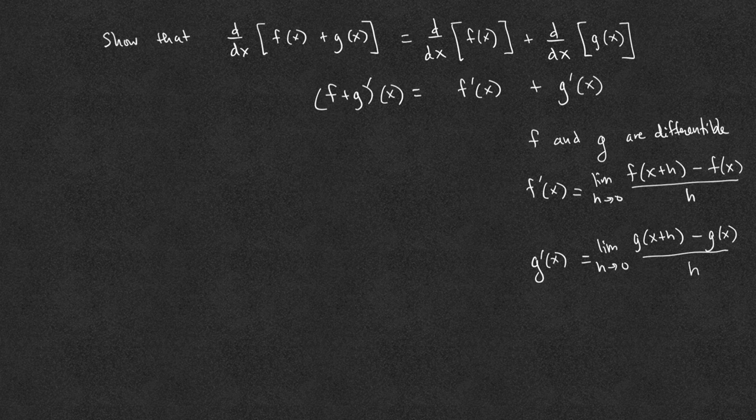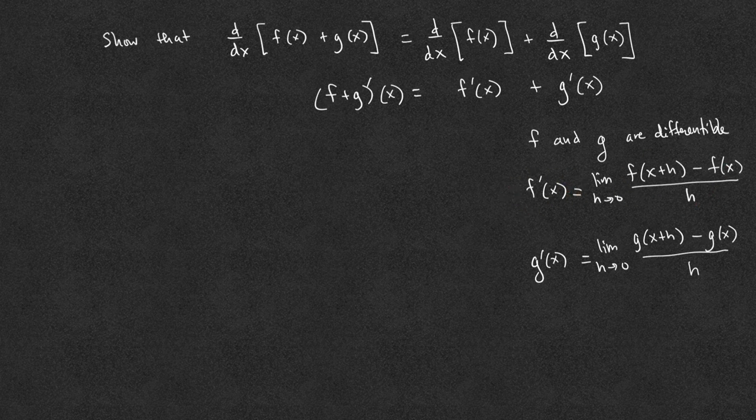What this means is that every time we have a limit of the difference quotient of the function g, we would write g prime of x. And similarly, every time we have a limit of the difference quotient of the function f, we would write f prime of x.